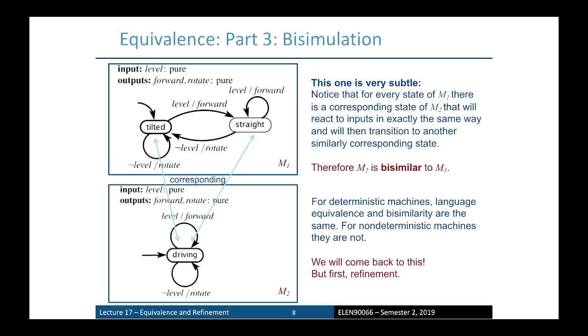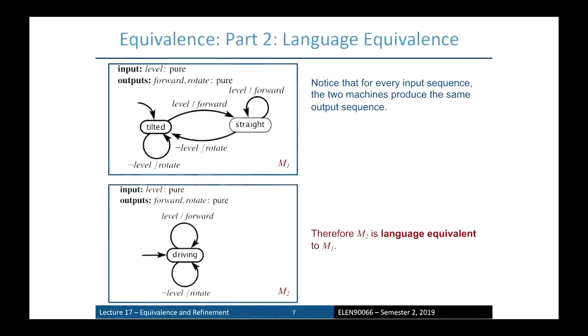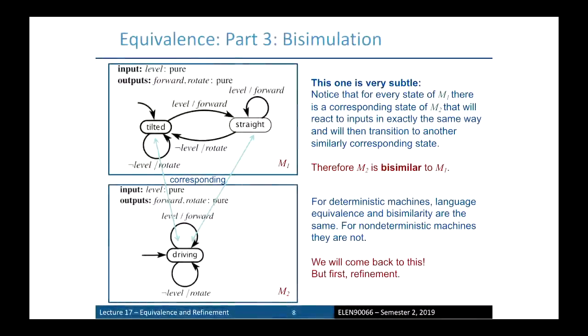And doesn't this just mean the same as input-output behaviour? If I want to simulate something and I look at the black box, isn't that the same thing, right? Input-output behaviour, that's language equivalence. But isn't that simulation? And indeed, if you read the description here, it's almost exactly the same.